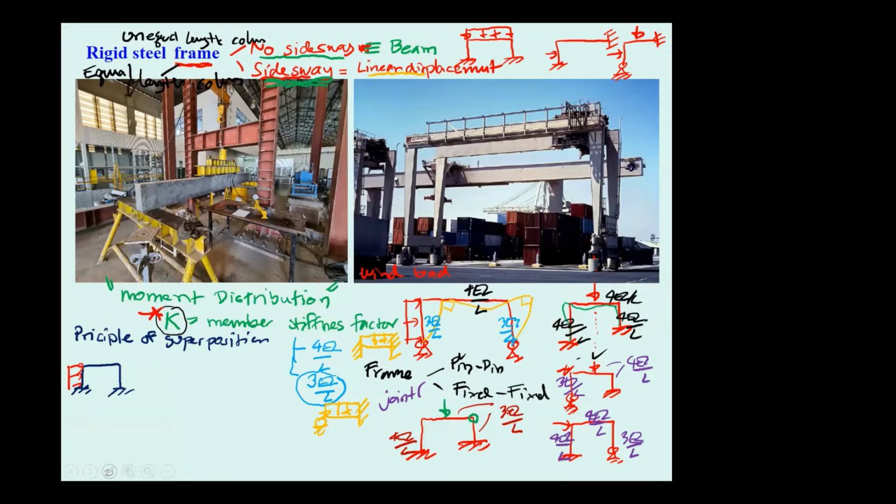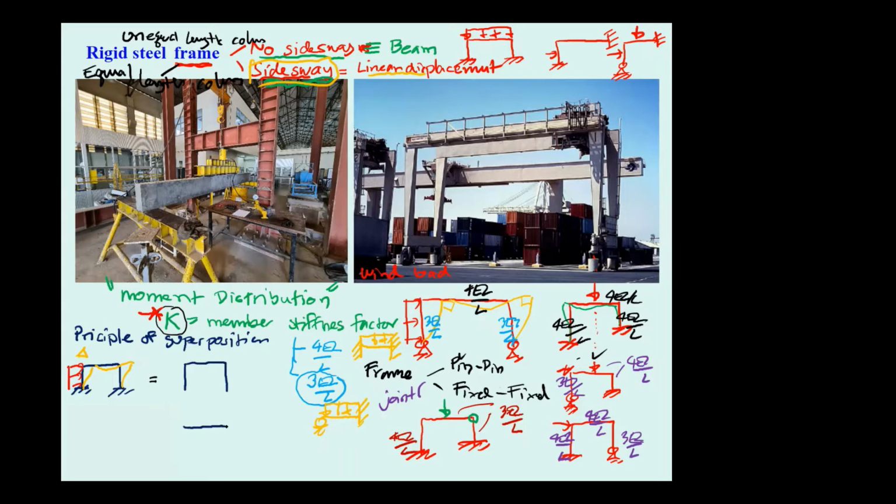Since the frame under the force is going to deform like this, and the frame has the sidesway delta, by the principle of superposition, Professor Hardy Cross says we are going to separate the frame into two frames.